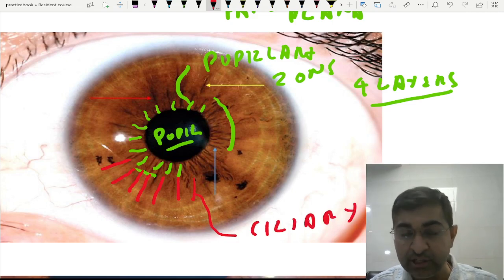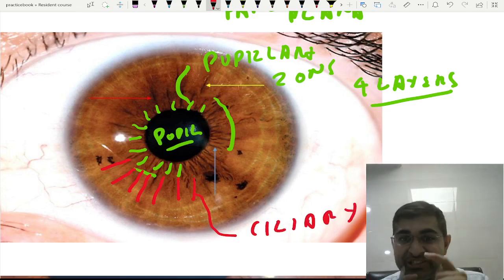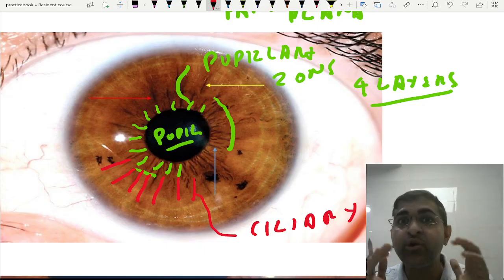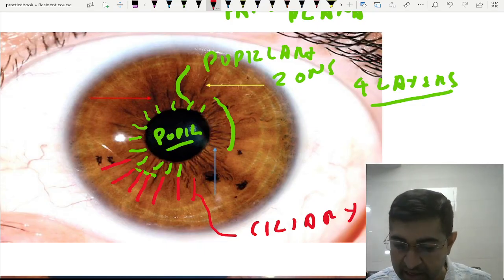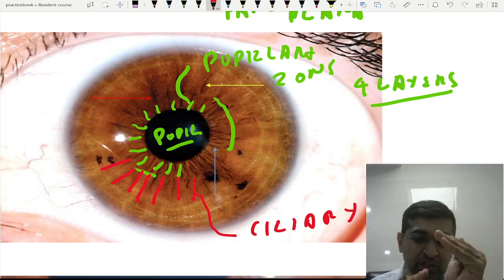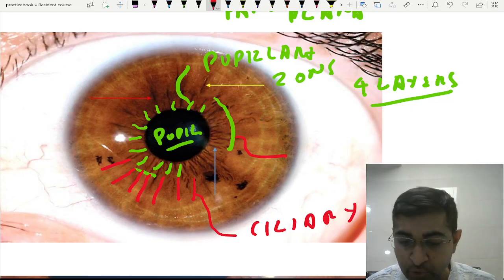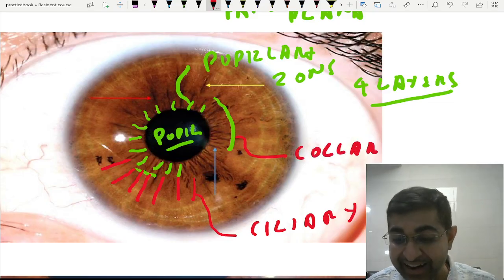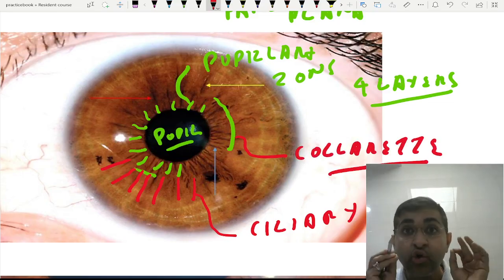Why? Because the pupillary zone is near the pupil and the ciliary zone is near the ciliary body. The ciliary body lies at the periphery. But the junction of the pupillary zone and the ciliary zone, my dear boys and girls, is known as the collarette.